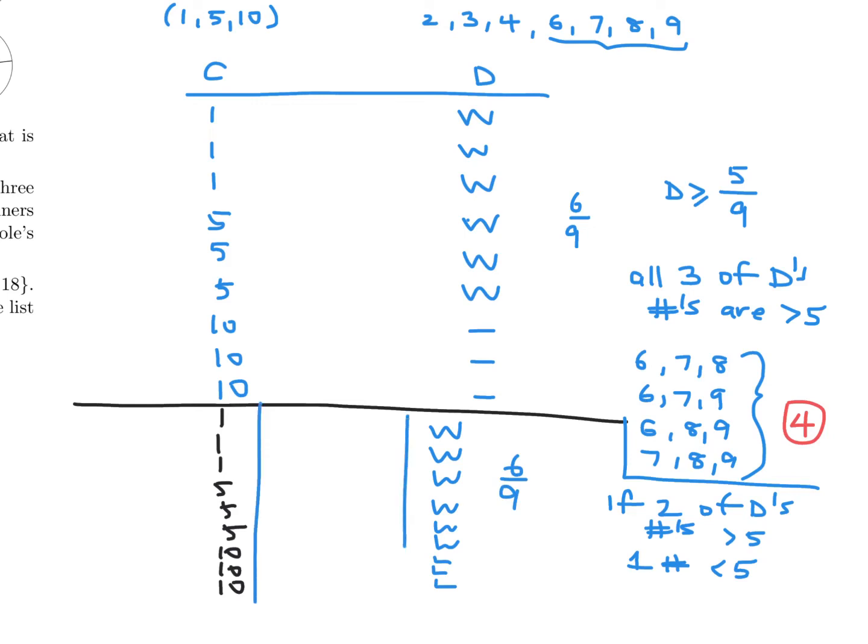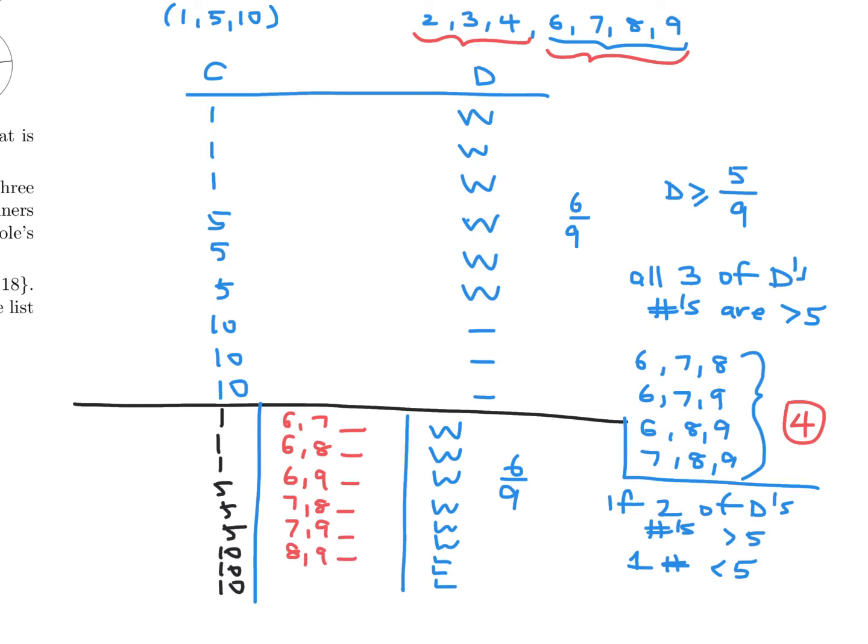Let's see here. We want 2 numbers to be greater than 5. So we're going to choose 2 from here, and then the other number is going to be chosen from here. So we can have a 6, 7, and then something, a 6, 8, and something, a 6, 9, and something, or you can have a 7, 8, something, a 7, 9, something, or you can have an 8, 9, something.